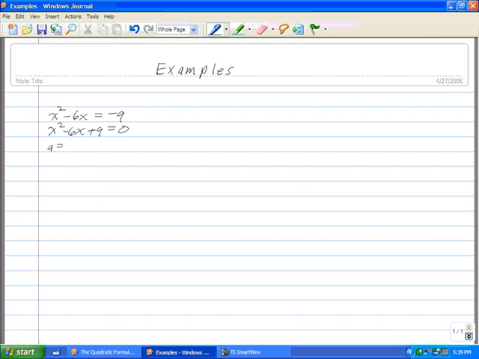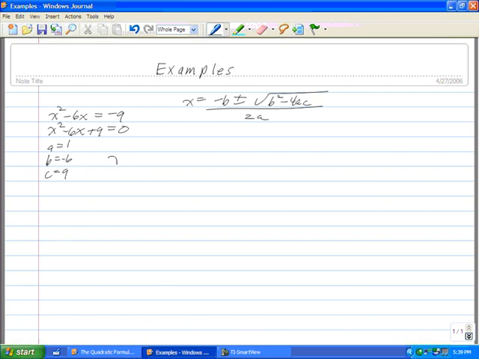My a equals 1. My b equals negative 6. My c equals 9. Remember, your formula is x equal to the opposite of b plus or minus the square root of b squared minus 4ac all over 2a.